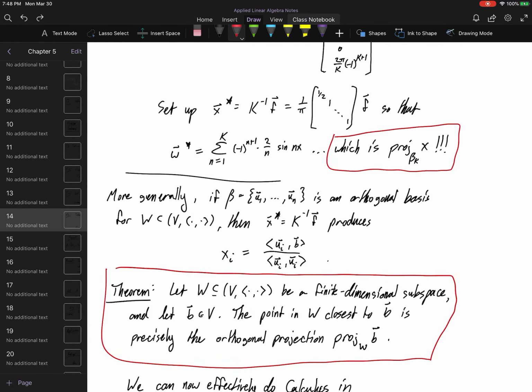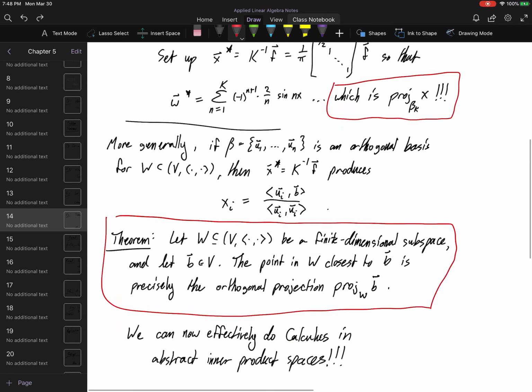So more generally, skipping Fourier for a second, if I have an orthogonal basis, then x star being K inverse times f in our minimization problem produces exactly the projection formula, or the coordinates in orthogonal projection that we got from the beginning of chapter 4.